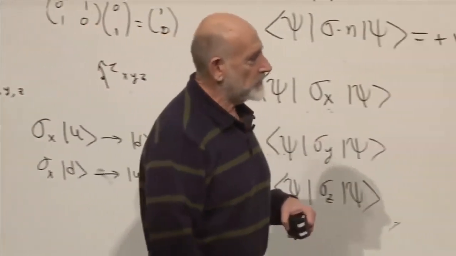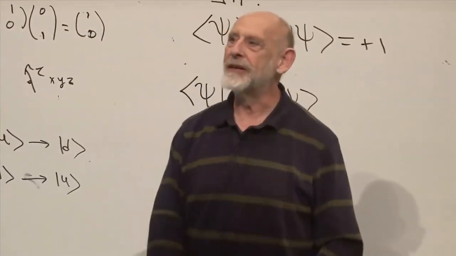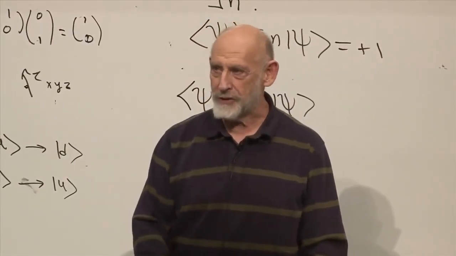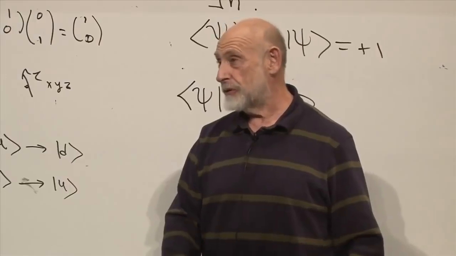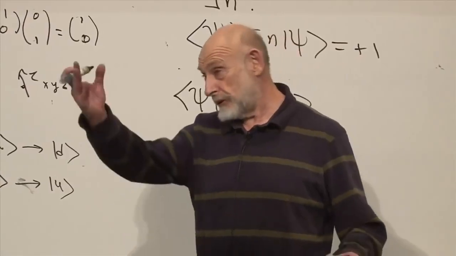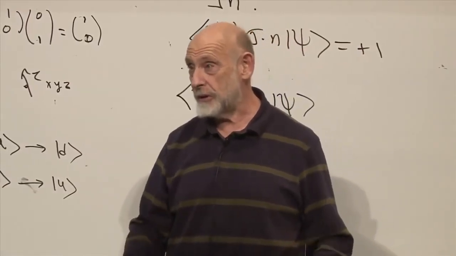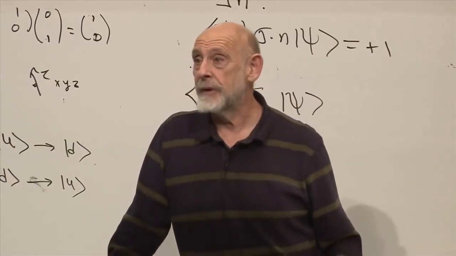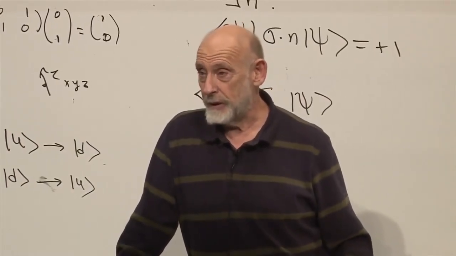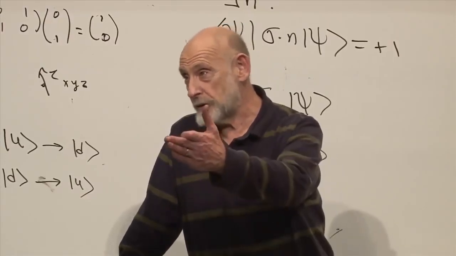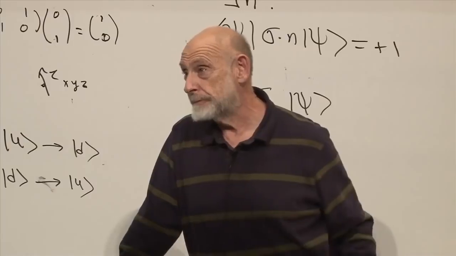So it's obvious that if it's true for one subsystem by itself, it will be true for the composite. What's not obvious is that it's true for one subsystem. So that's an exercise: to show that all three components of the spin expectation values cannot be zero, and that there's always a direction in which it's maximum.